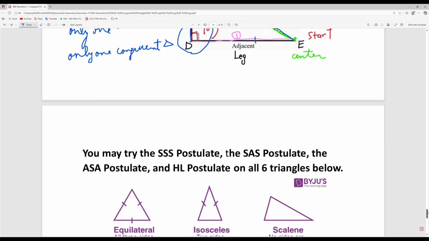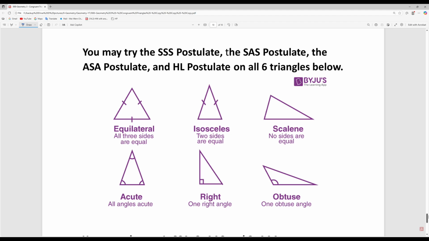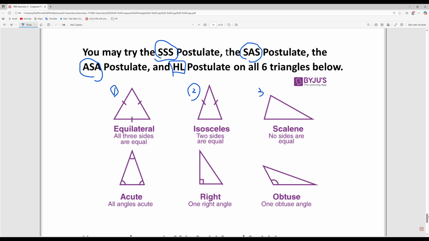Next, on the last page, we already learned how to use the SSS postulate, SAS postulate, ASA postulate, and the HL postulate. And you may try all those postulates on each of the different types of triangles here.